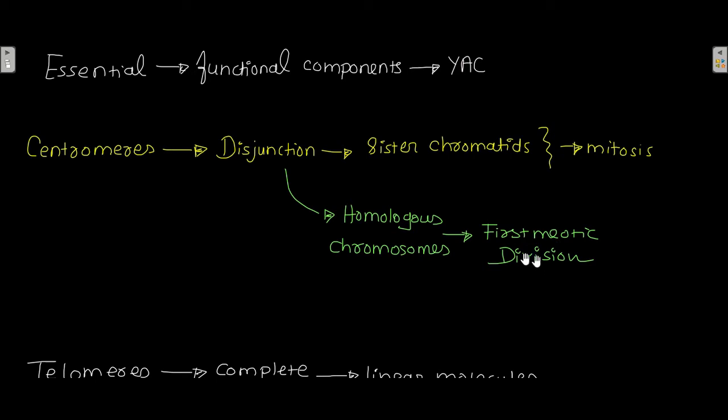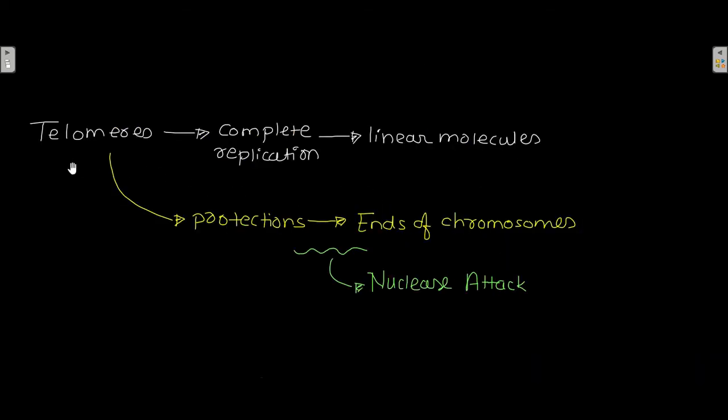That's the function of the centromeres. Now, there are telomeres. Telomeres are required for the complete replication of the linear molecules and they are also required for the protection of the ends of the chromosomes from nuclease attack. So that's the function of the telomere on your YAC.